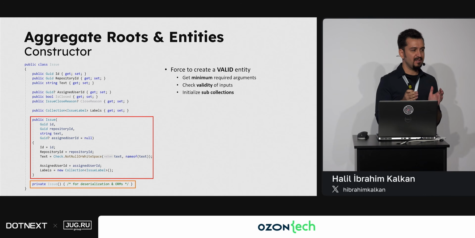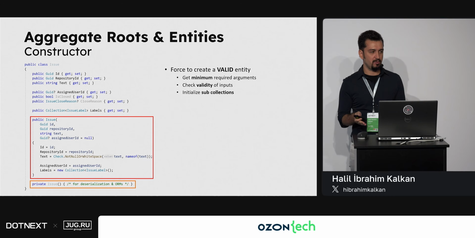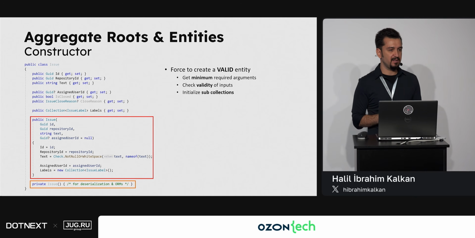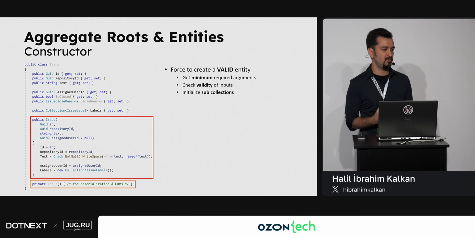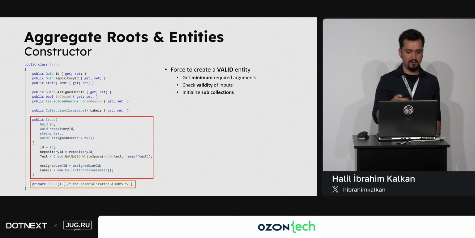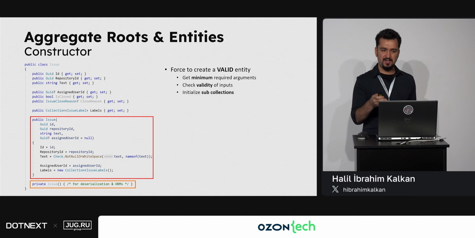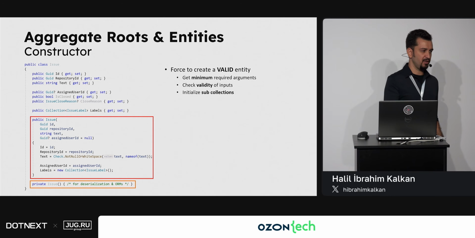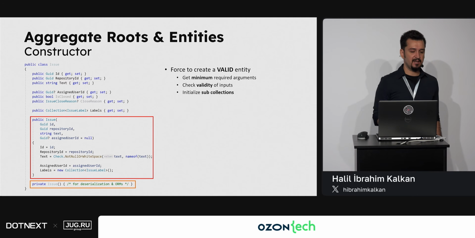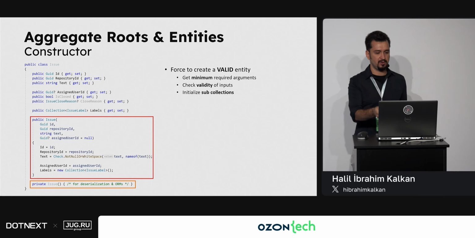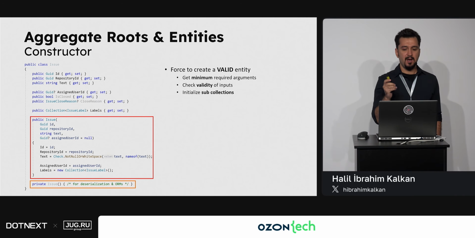So it should not allow creating an invalid object. For example, if repository ID is required, it should not allow creating an issue without repository ID. So create a primary constructor, get required arguments, but keep it minimum to not make entity creation hard. If there are some optional parameters, you can make them optional or just not include them in the constructor parameters.